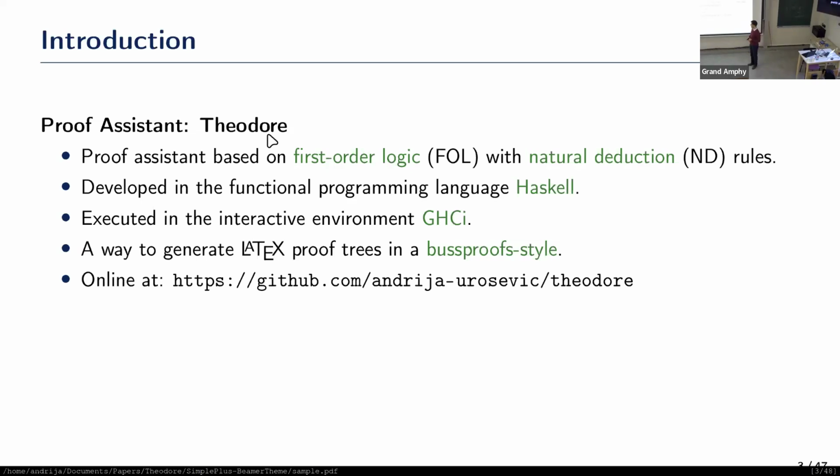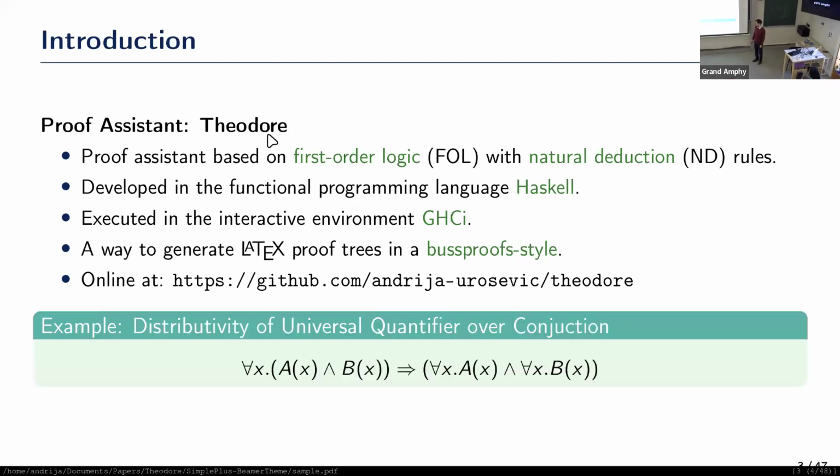The whole project is available online on GitHub. This is the example we are going to go through for this talk. For all x, if ax and bx, then it implies that for all x, ax, and for all x, bx.